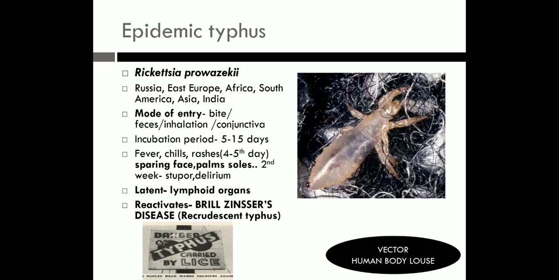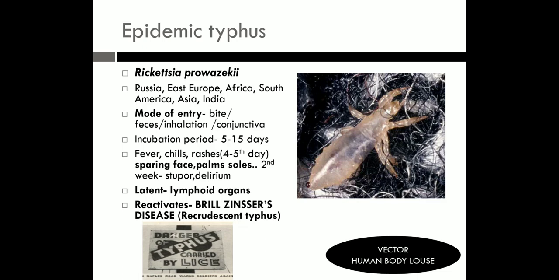Lice are not adapted to an elevated body temperature and leave the febrile patients for a new host. The rickettsia-laden louse feces are deposited on the skin and clothes and are introduced into the new host by being scratched into the louse-bitten skin or during rubbing into the mucous membranes such as conjunctiva. They are also transmitted through inhalation.